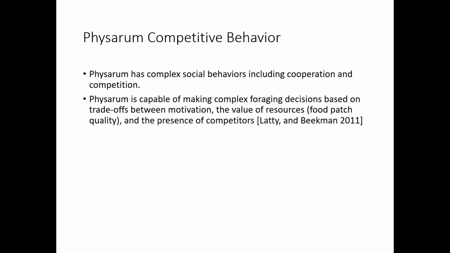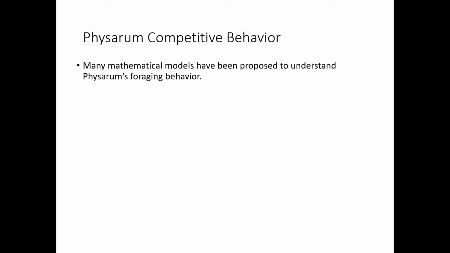Physarum has complex social behaviors including cooperation and competition. Latty and Beekman stated that Physarum is capable of making complex foraging decisions based on the trade-off between their motivation, food patch quality, and the presence of competitors. Many mathematical models have been proposed to understand Physarum foraging behavior.